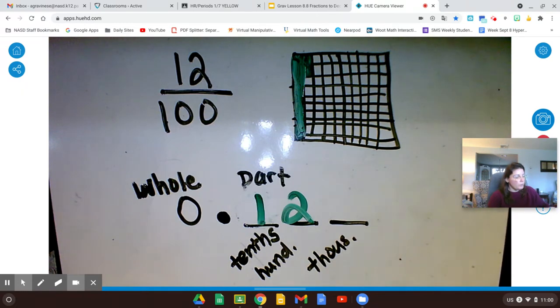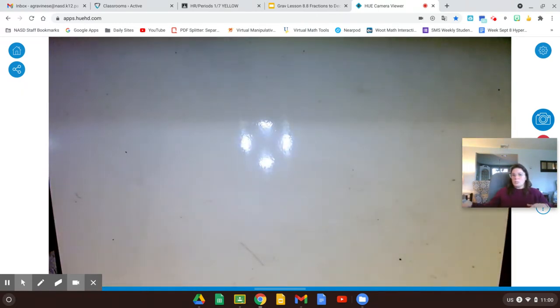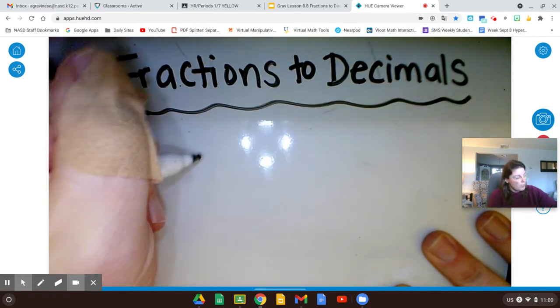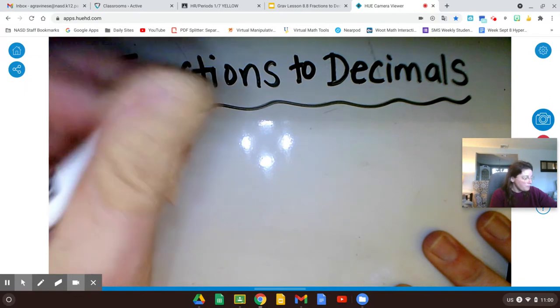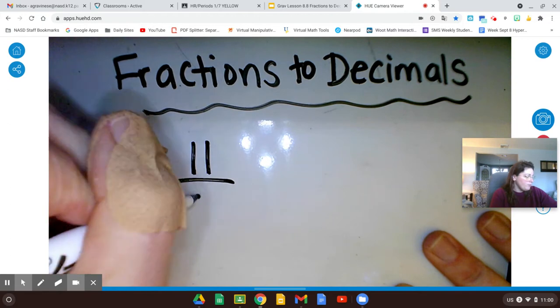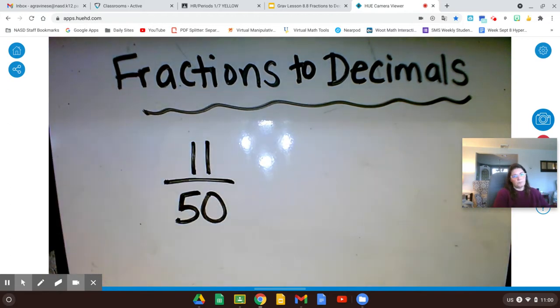All right, so what we're really focusing on today is what happens when your denominator is not a 10 or a 100. And that's where we're using fraction equivalence to write fractions as decimals. So let's say we have 11 fiftieths.